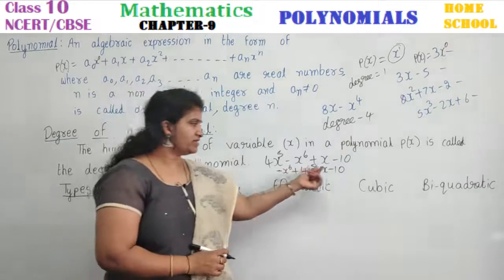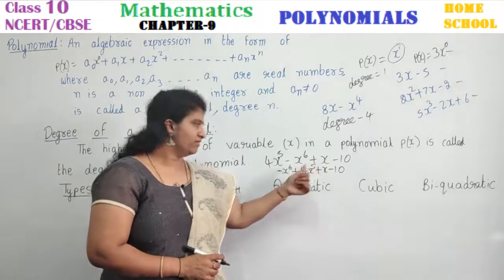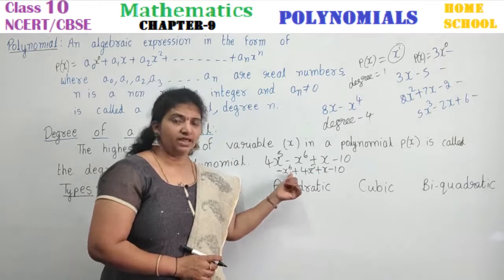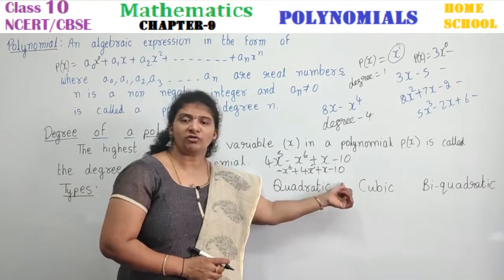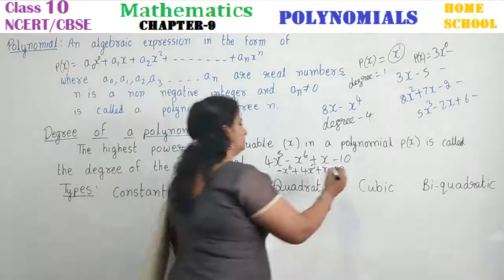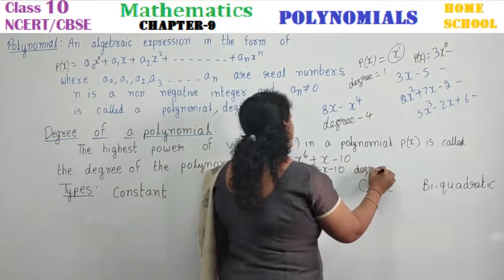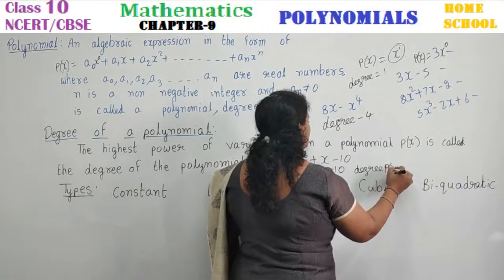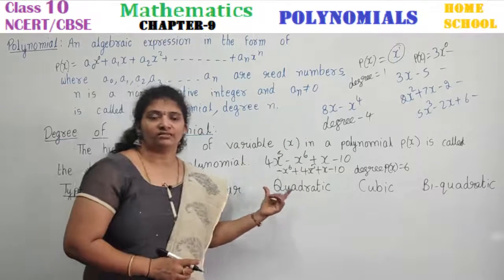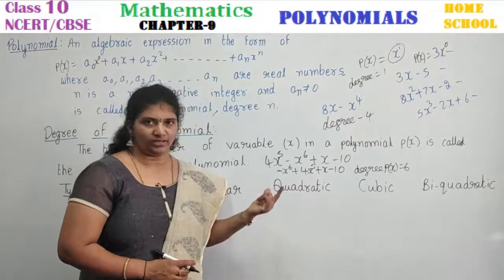Now see the powers 1, 5, 6. What is the highest power? 6. Therefore, degree of this polynomial p of x is 6. Degree of the polynomial p of x is equal to 6. This is the way we need to write the degree of any polynomial.